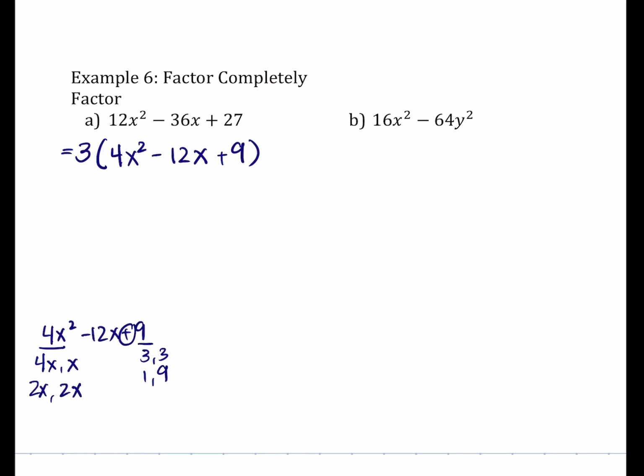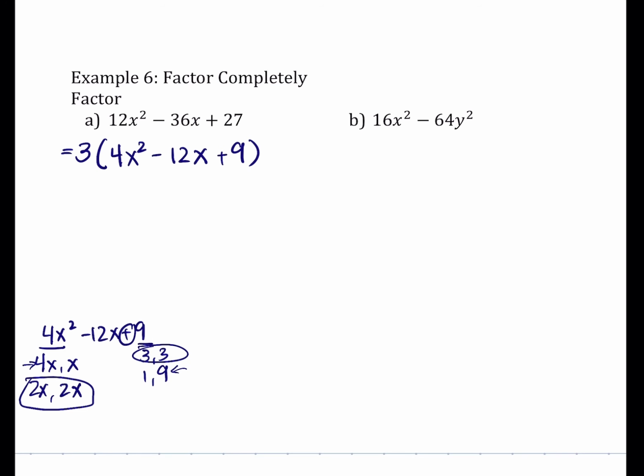So from these, that's where our cross multiplication comes in handy. I do want to stress that typically, unless your numbers are especially high in the middle, so 12 is not too far from 4 and 9. If it was like 30 or something like that, I might use the 4x and x, or the 1 and 9, the more extreme pairs. But for the most part, I usually find it a good place to start at the numbers that are kind of close together.